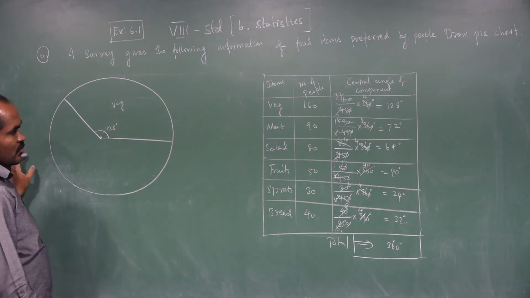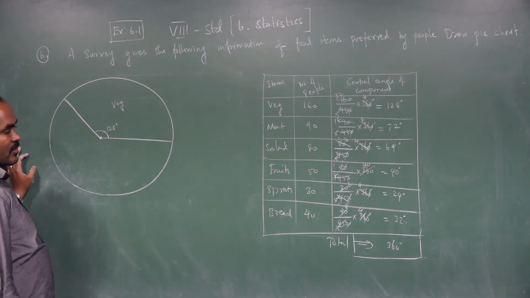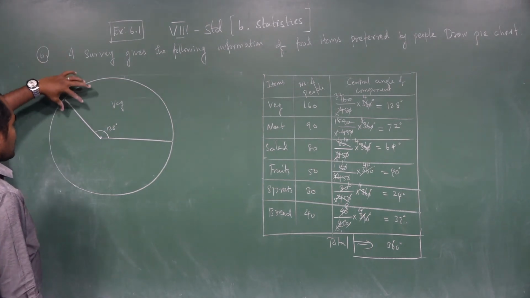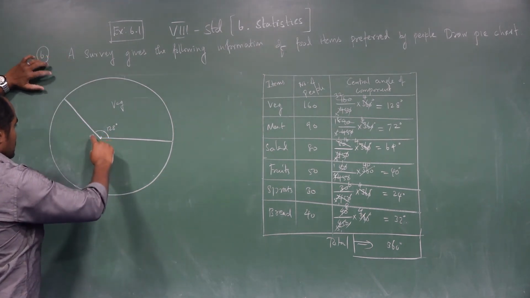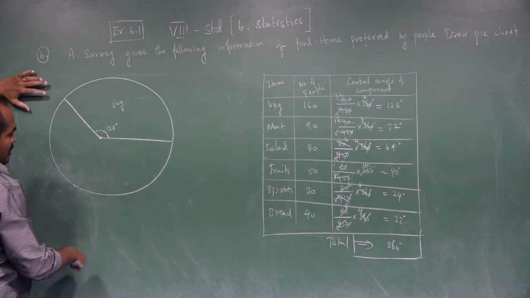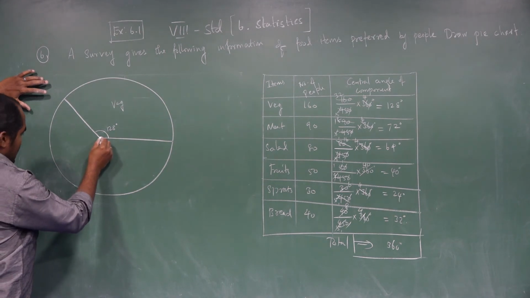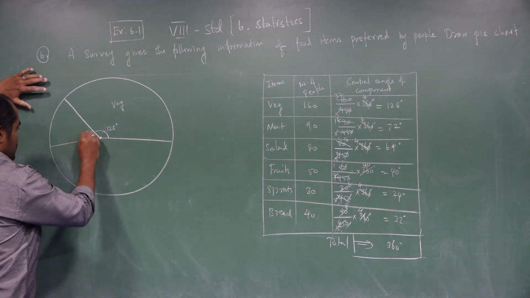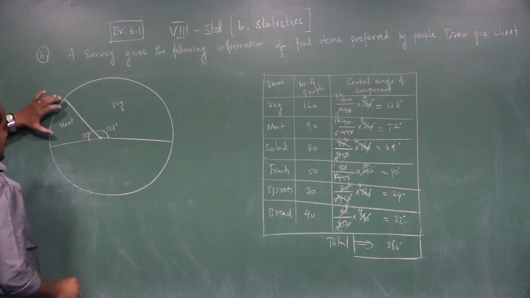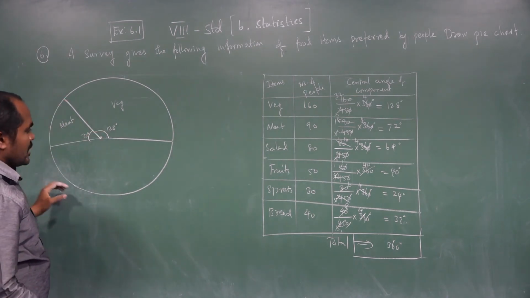Next component is meat. The central angle of meat is 72 degree. So take your protractor and fix it like here. Fix the protractor here and mark 72 degree. So 72 degree is meat. This sector represents meat. Next, salad.